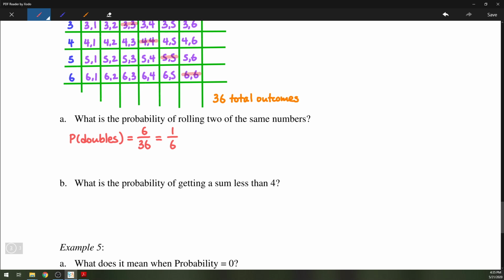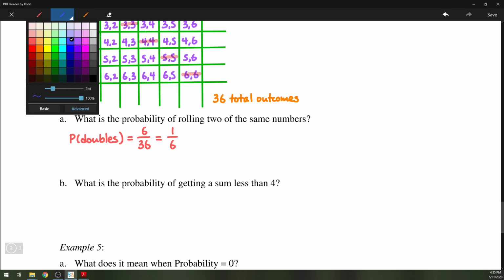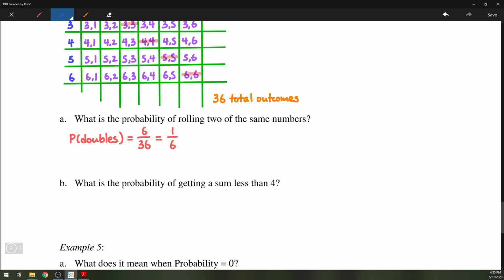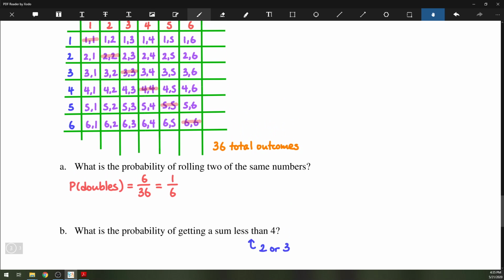All right, next up, we have sum less than 4. So in this case, let's list what that means. Sum less than 4 means a sum of 2 or 3, because when you roll 2 dice, it is impossible to get a 1. So let's see here. Again, with a highlighter.